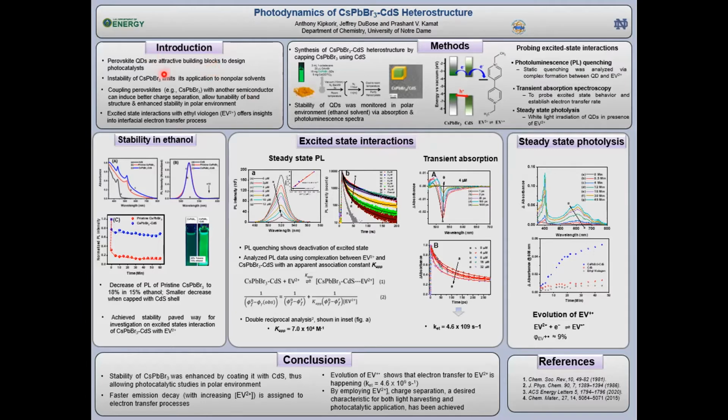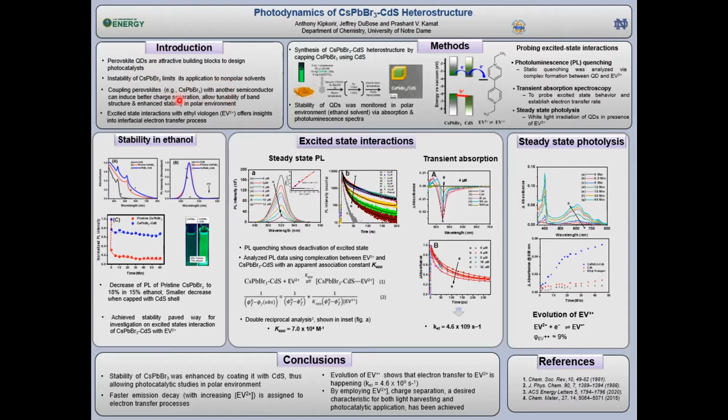So I'll introduce what perovskites are and why anyone should care about them. Perovskites are basically building blocks for designing photocatalysts that we can use. One thing that limits their application is their degradation when exposed to polar solvent or polar environment.